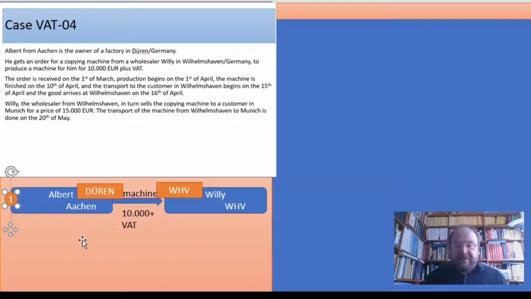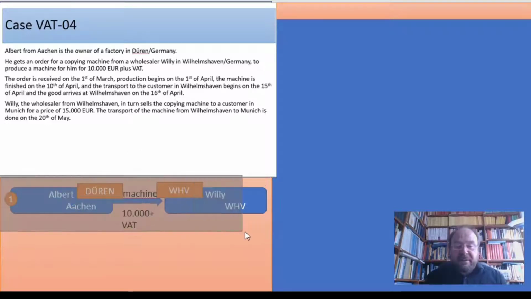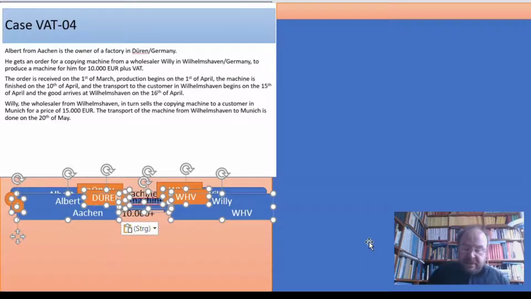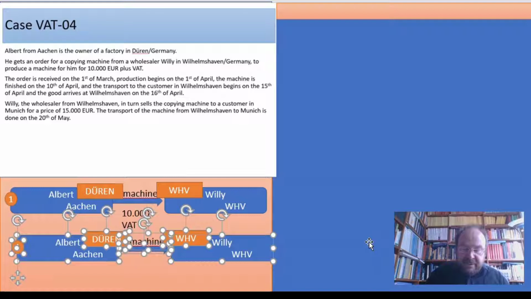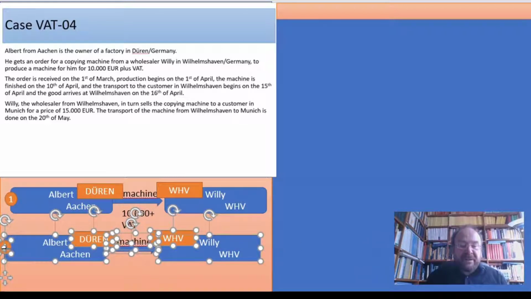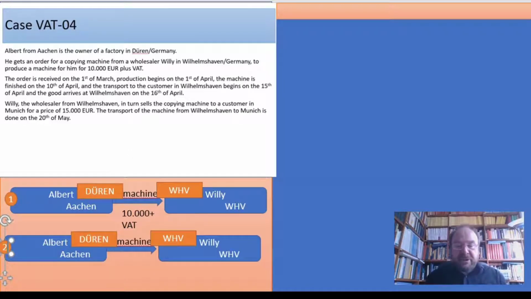Then afterwards we have a second event, that Willi sells the machine to somebody in Munich. So let's make a sketch of the second transaction. This is transaction number 2. Willi from Wilhelmshaven sells a machine for 15,000.